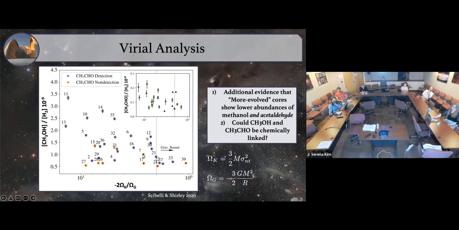And you can see that abundances drop the more evolved you get, similarly for both methanol and acetaldehyde. So, could these molecules be chemically linked? It's not clear yet. But again, one of the results that we found from looking at this survey was that only a few of these cores are actually considered gravitationally bound.